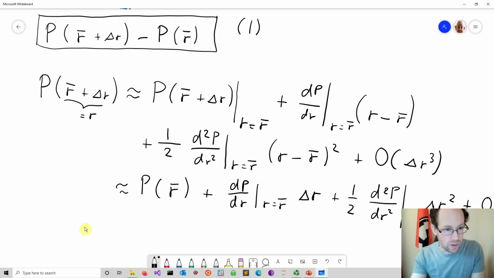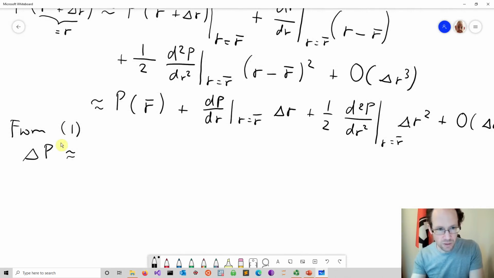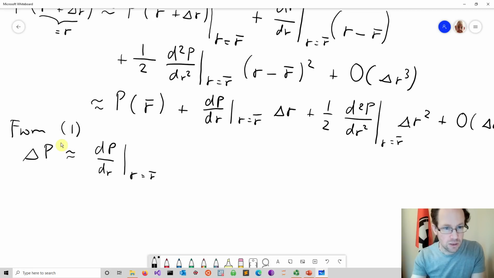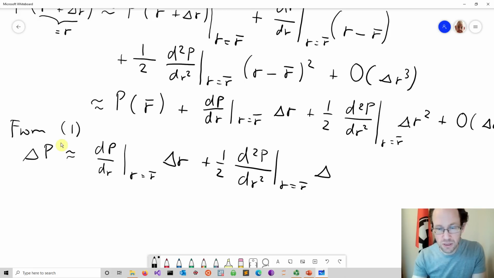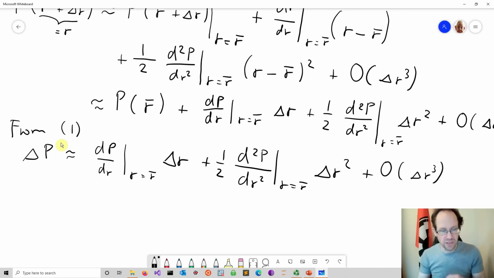So from my first equation and using this approximation, I could simply say that delta P, so that's my price change, is approximately my duration, assessed at the initial value, times the delta R plus, and then we have the second order term, which refers to the convexity. So that's basically where it comes in, and it goes here to the power of 2, and then we have some higher order terms we don't care too much about. And we are done. But this basically relates to the stuff you saw on the slide.